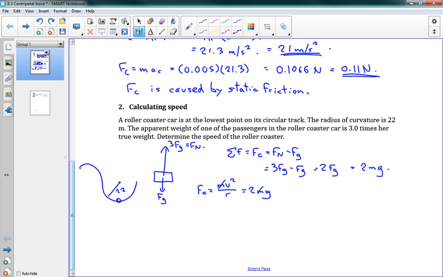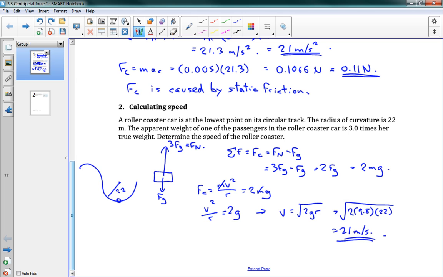So now I have v squared over r is equal to 2g, which means that v is equal to the square root of 2gr, which is equal to the square root of 2 times 9.8 times 22 meters. And this gives me a v of 21 meters per second. There's my final answer. And again, I would have a therefore statement normally on that.